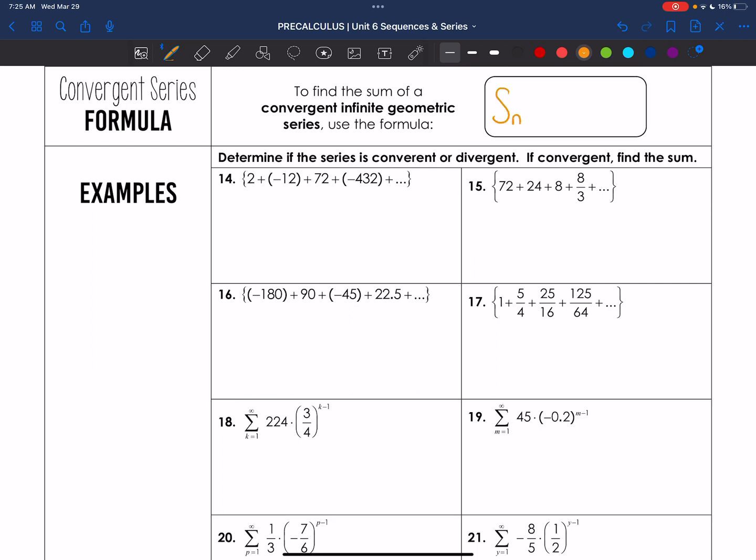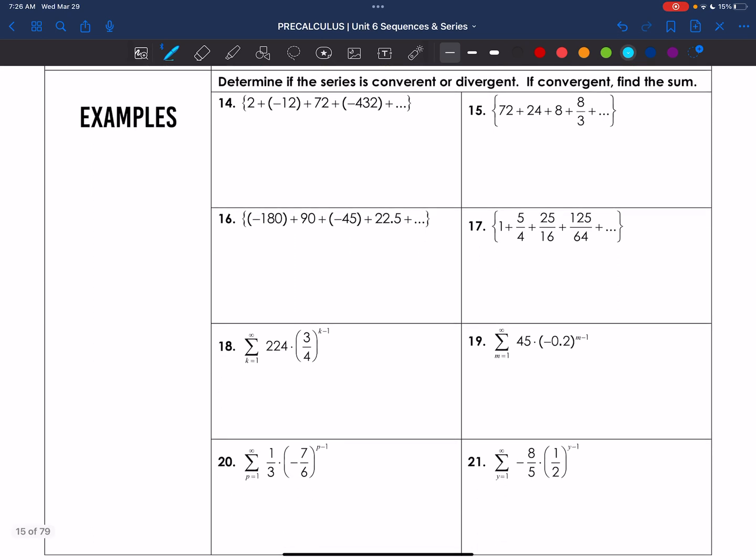To find the sum of all the terms to infinity and beyond, you simply take your first term and multiply it by the ratio of 1 over 1 minus your ratio. That is our formula for finding the infinite geometric series sum. But it must be convergent. Don't forget that this only works if it is a convergent series.